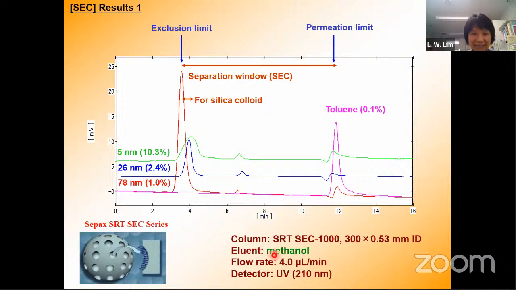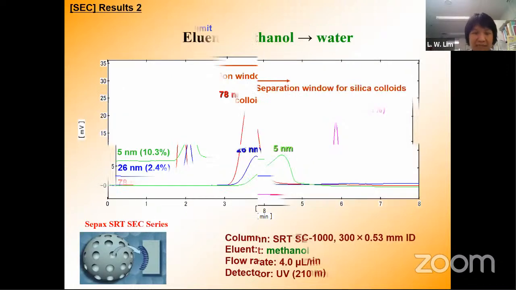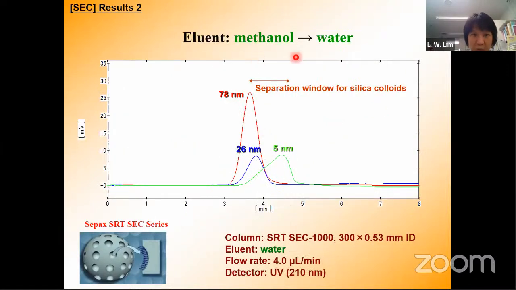After that, I tried to change the eluent from methanol to water. You can see the 5 nanometer is already separated from the 78 and 26. But between the 78 and 26, it is still very small. You can look at here, the separation window for the silica colloids is actually quite small.